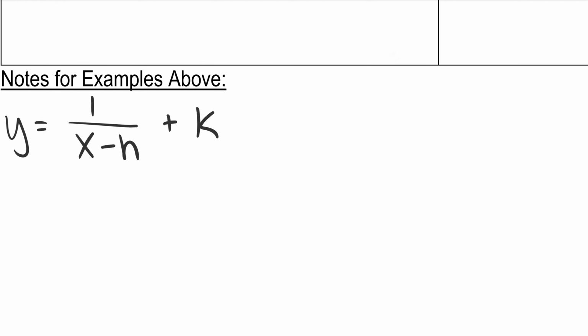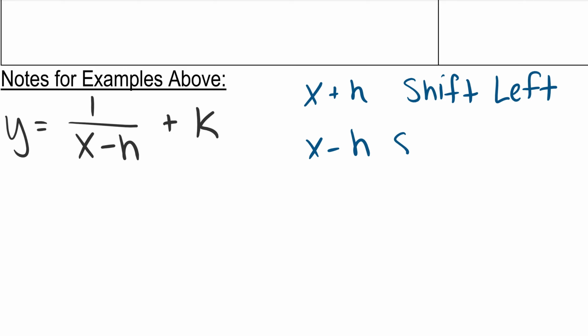So if I ever have x plus h, I'm going to shift to the left. Okay? See, that's always been the same rule. If I have x minus h, I'm going to shift right. Okay, that has not changed.